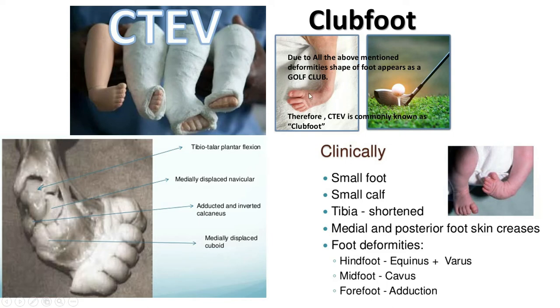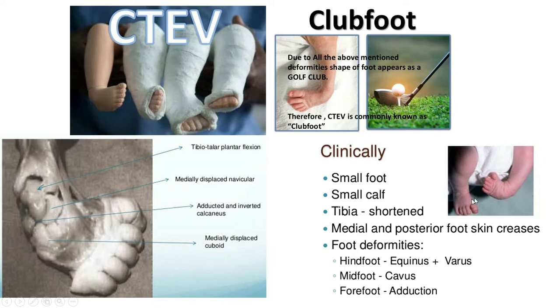Why? Because the deformity of the foot seems to be just like a bat of the golf ball. So this name is called clubfoot. And clinically it is characterized by some deformity.